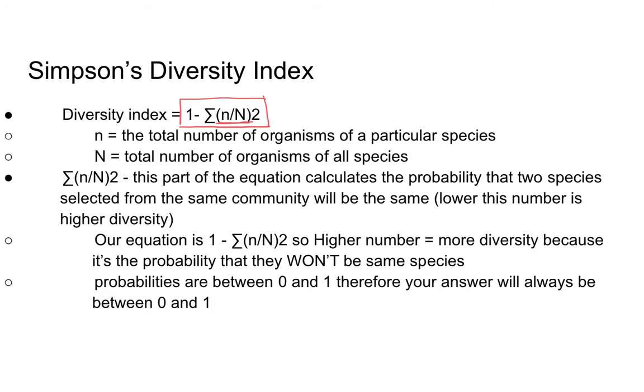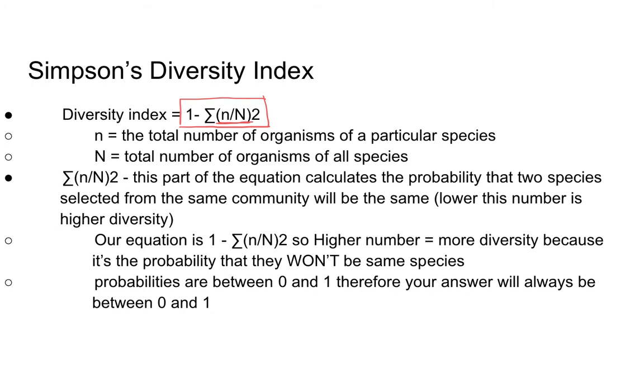So little n is going to represent the total number of organisms of a particular species. So just species A, how many species A organisms do I have? Capital N is going to represent the total number of organisms of all the species. So in my area, I have 4 different species. I have a total of 100 individuals.